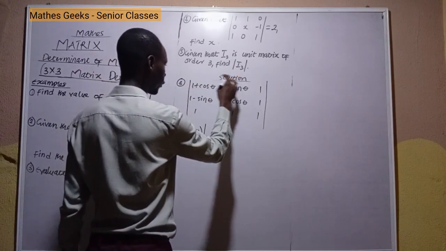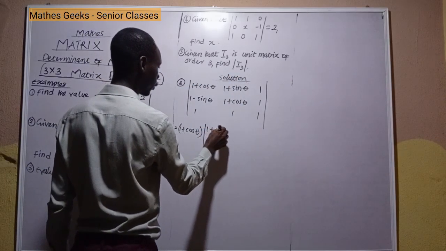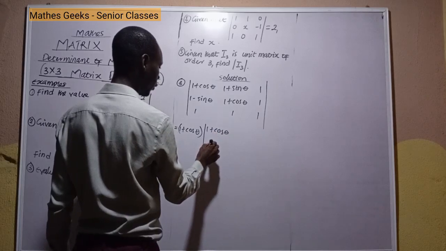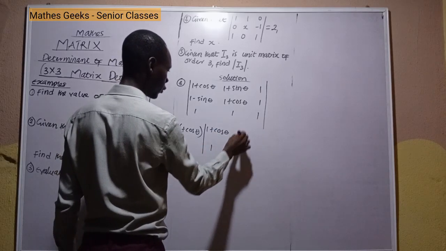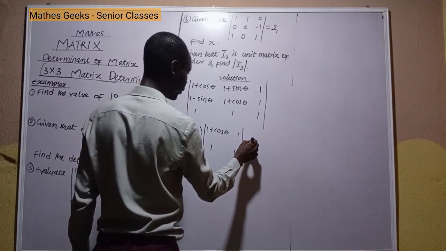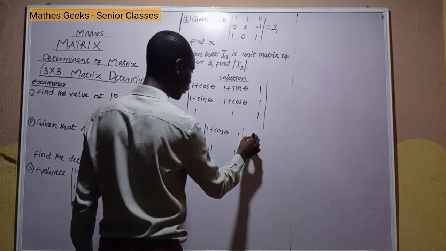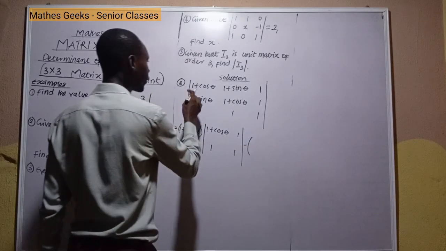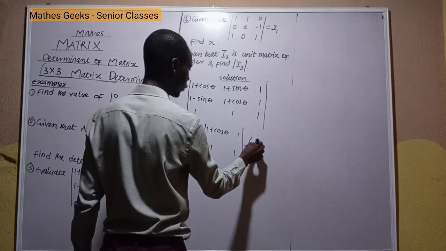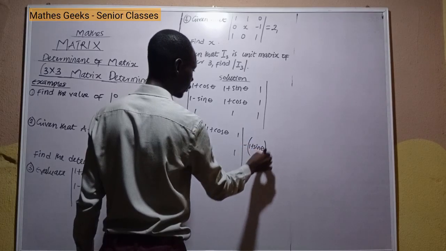So first row, first column: 1 plus cos theta, 1 over, minus 1 plus sin theta.